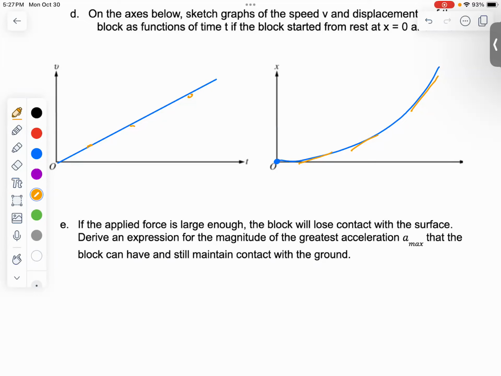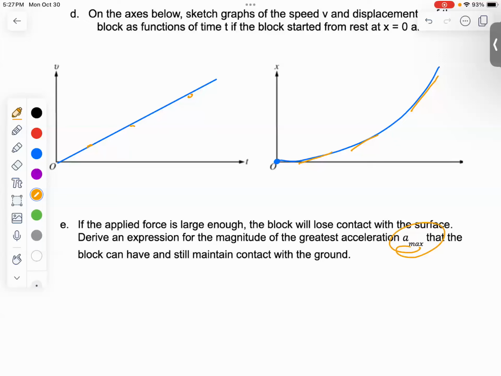F1y is equal to FG. So it's more like this. Now the acceleration, we're talking about the acceleration in the x direction, right? And that is directly dependent on the applied force F1.